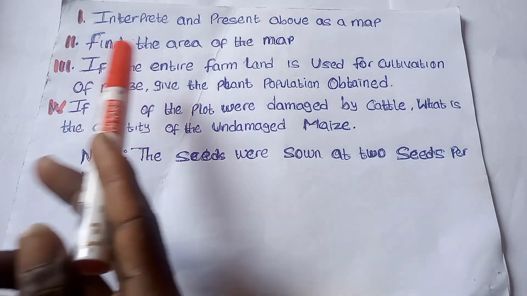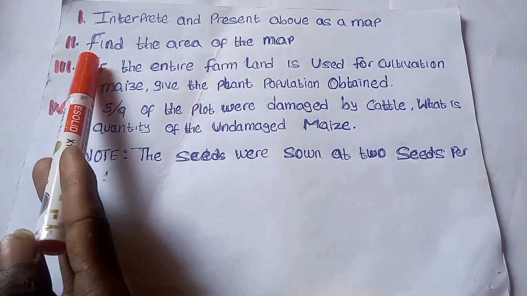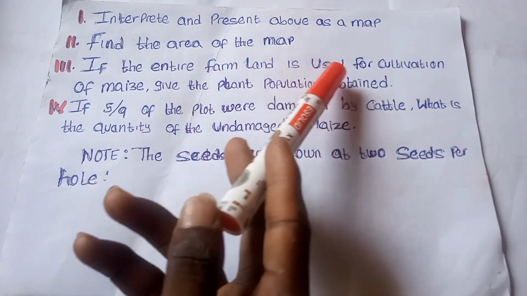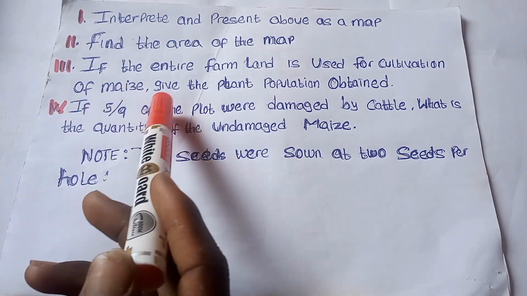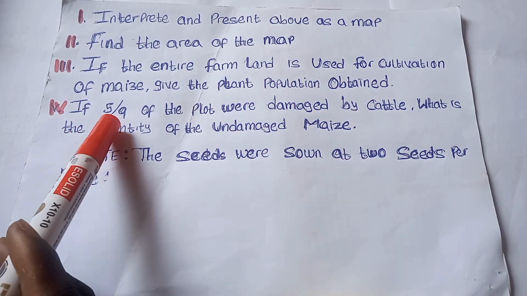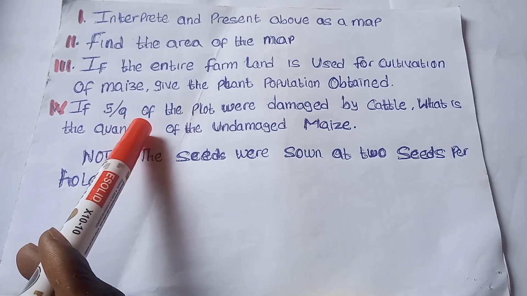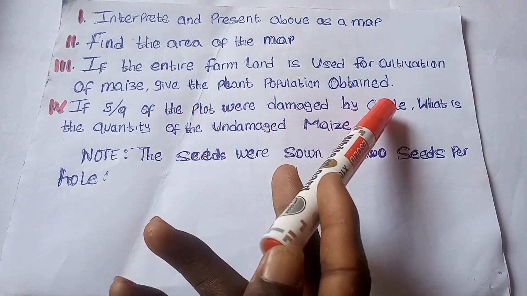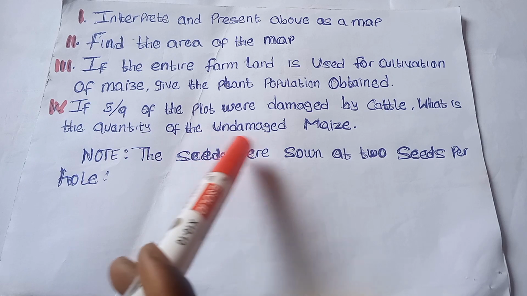Question 2 says find the area of the map. Question 3, if the entire farmland is used for cultivation of maize, give the plant population obtained. Question 4 says if 5/9 of the plot were damaged by cattle, what is the quantity of the undamaged maize?